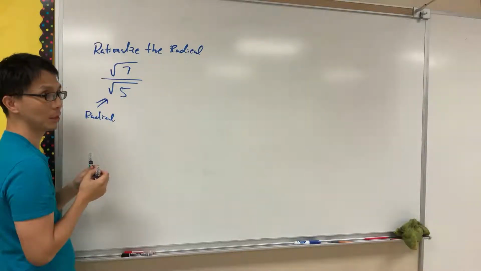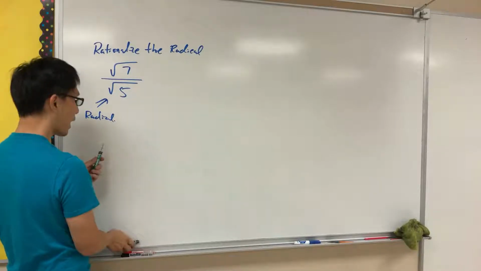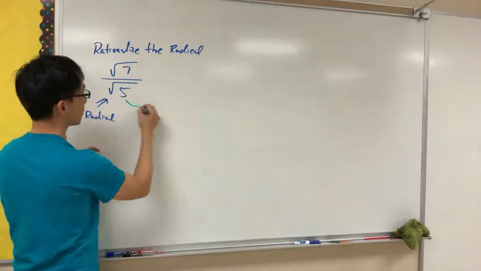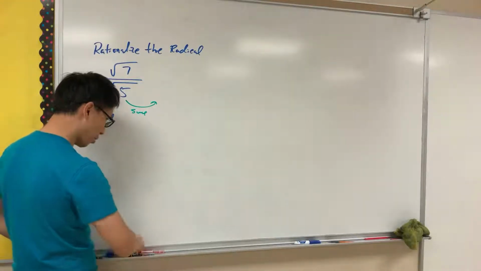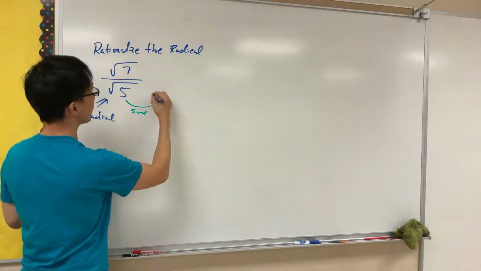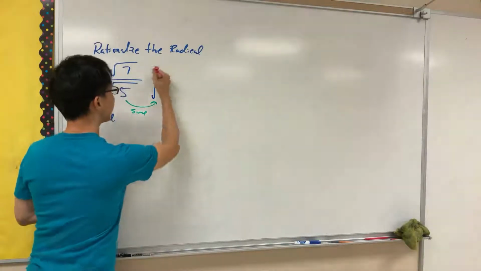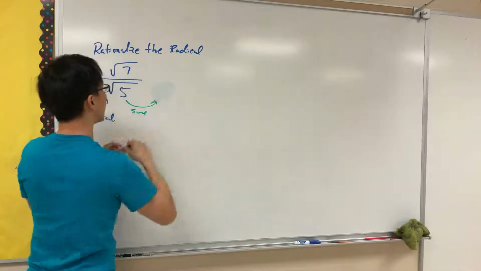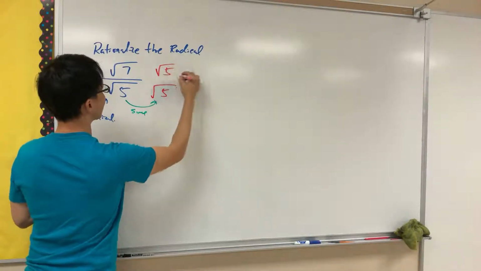But I cannot just multiply by that. So I don't multiply the square root of 7 over 7. I want to make sure this is the same. In this case, it's going to be square root of 5 over square root of 5.